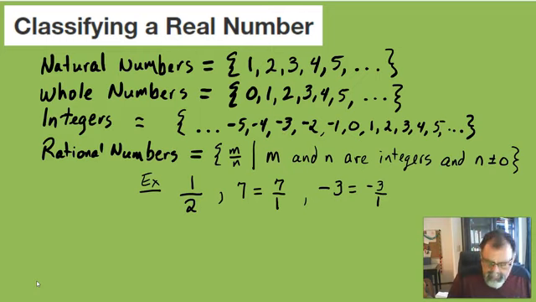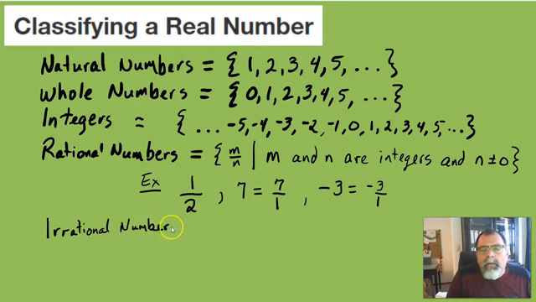Now the next set is called the irrational numbers. Now this one is basically simply the set of all h's, is the way this book uses, where h is not a rational number.